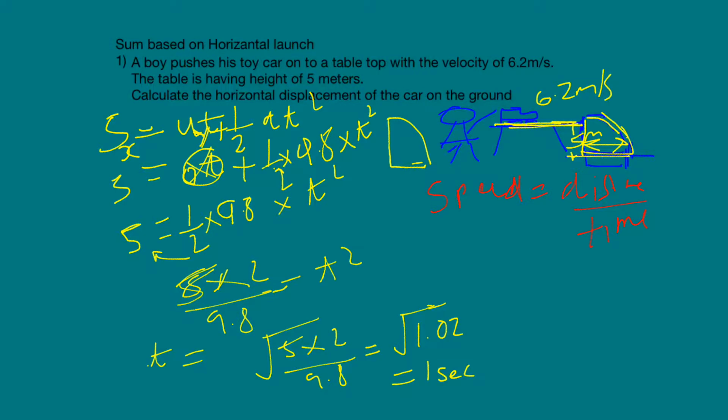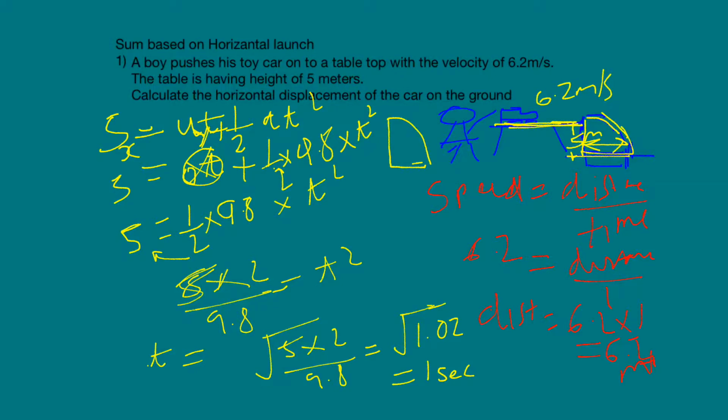So 6.2 equals distance upon time. Time we just calculated as 1. So 1 into 6.2 will give 6.2 only. So distance equals 6.2 into 1 equals 6.2 meters.